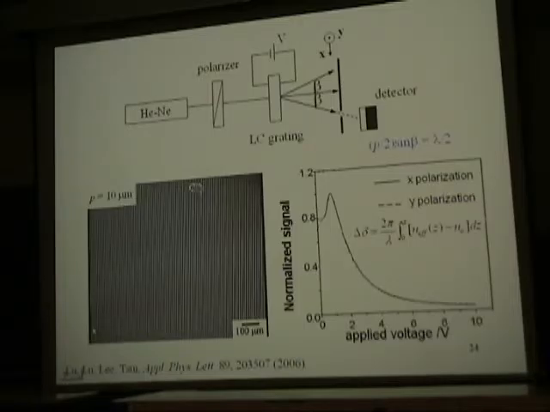But as we decrease the applied voltage, the phase difference increases. And when it is equal to pi, we obtain a peak, as we would expect. We find this behavior to be quite independent of whether the incident light is polarized along X or along Y. And that means our grating can be used for unpolarized light.